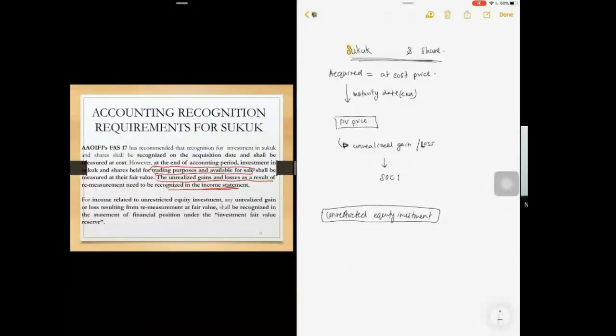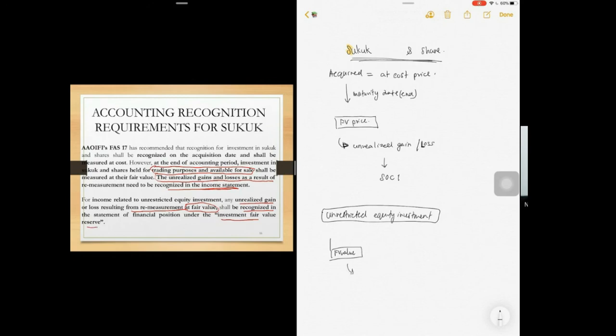Cara nak recognize this gain, dia cakapkan any unrealized gain or loss resulting from remeasurement must be at fair value. Mesti fair value juga kalau at the end of the maturity date in case dia nak jual. Tapi untuk types of unrestricted investment, so dia sama calculate dia at a fair value price, dan dia kena recognize in the statement of financial position under investment fair value reserve.